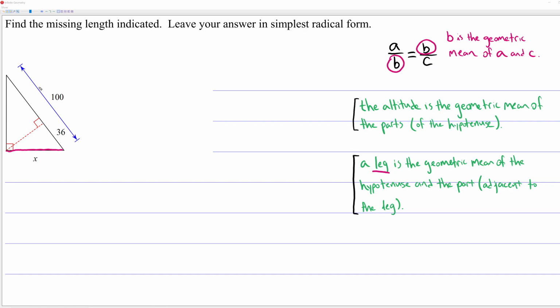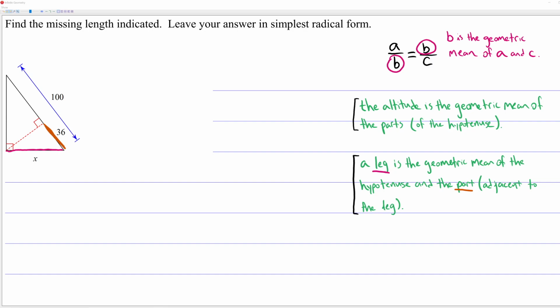That's labeled with 100. Okay. Well, it's the geometric mean of the hypotenuse and the part. Well, which part? The hypotenuse is divided into two parts, as we saw with the previous problem. What we're talking about is the part close to the leg, adjacent to the leg. So that's in this golden color.